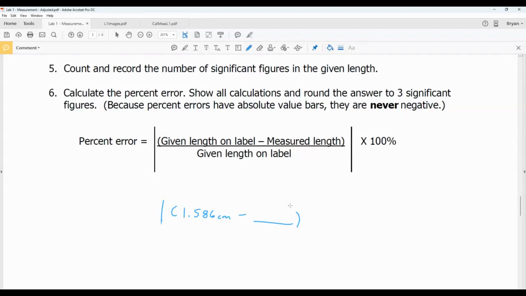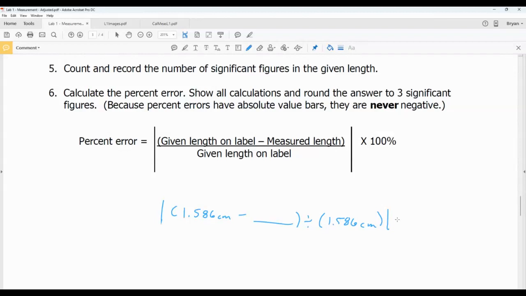Then to go from the difference to percent, we want to divide, and we use that given number again, so 1.586. So notice the number we trust as the answer we see multiple times. The number that we're checking, the one that we're unsure about, we only see once. So far, subtracting, we got a difference, then we divide.